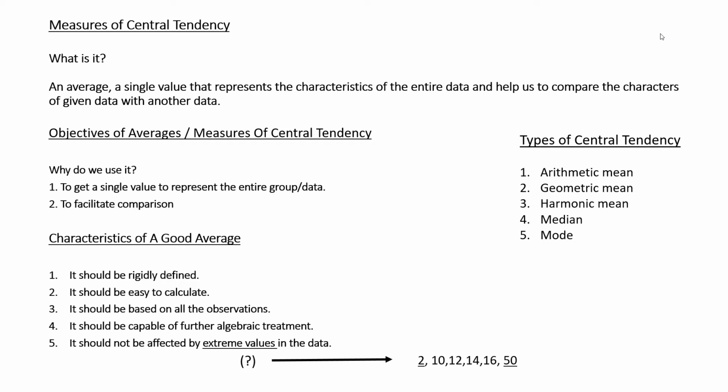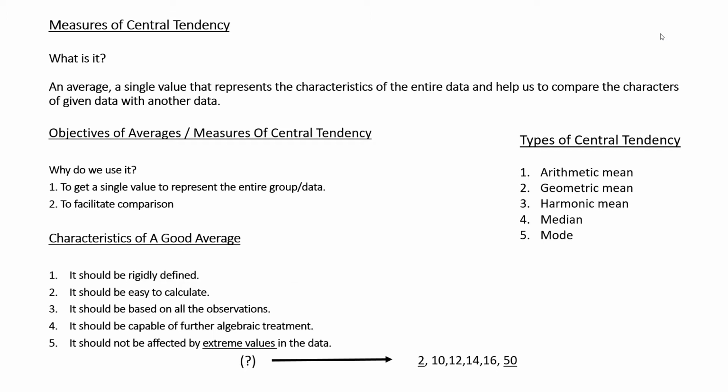So, to start with, let us know what is central tendency. Central tendency is an average or it is a single value that represents the characteristics of the entire data and helps us to compare the characteristics of the given data with another data. Now, what does this mean?